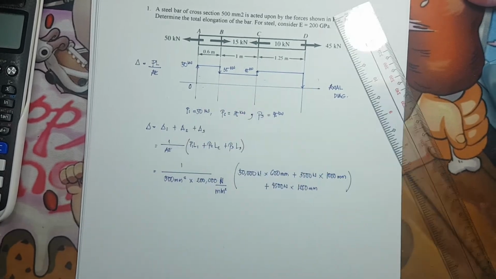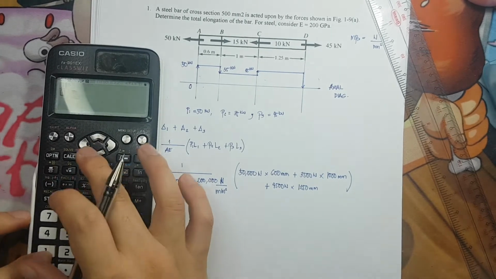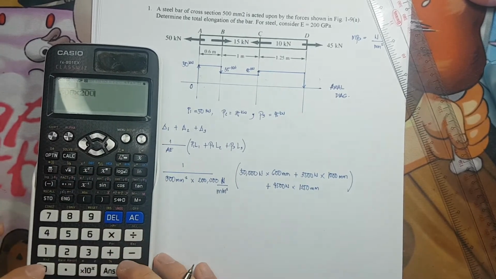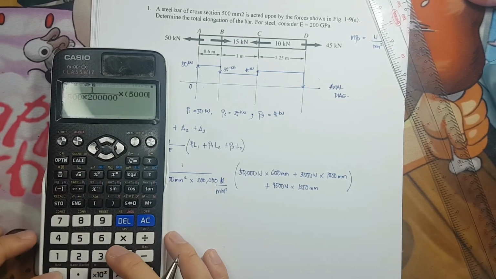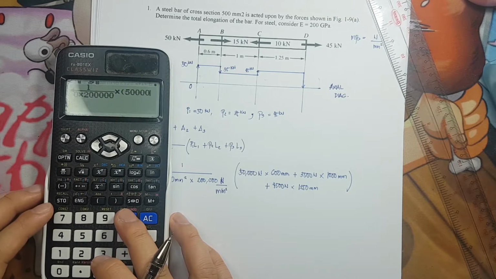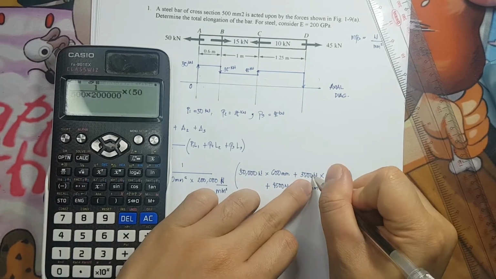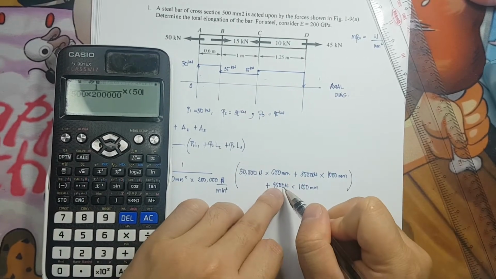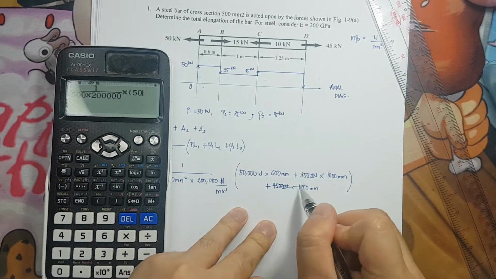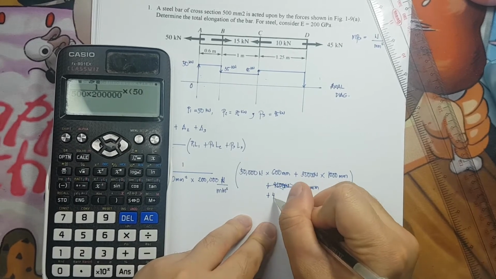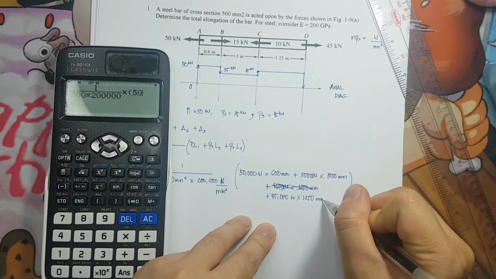So substitute that in your calculator. We will be having the value of 1 over 500 times 200,000 times 50,000 times 600 plus 35,000 times 1,000 plus 45,000 newtons times 1,250 mm.